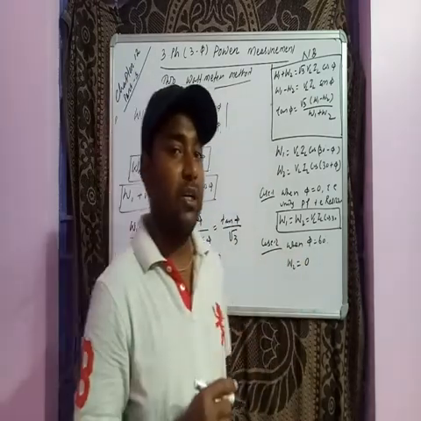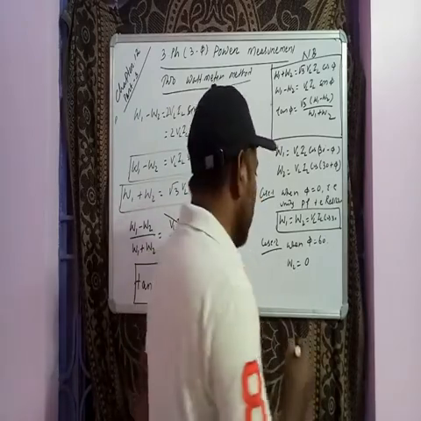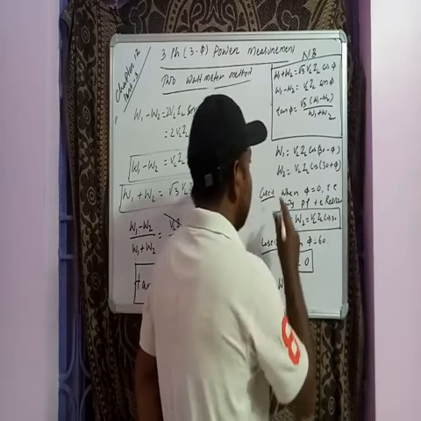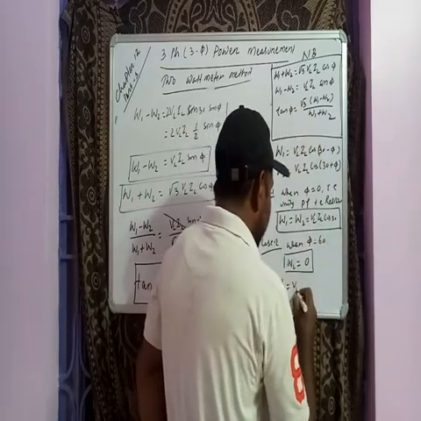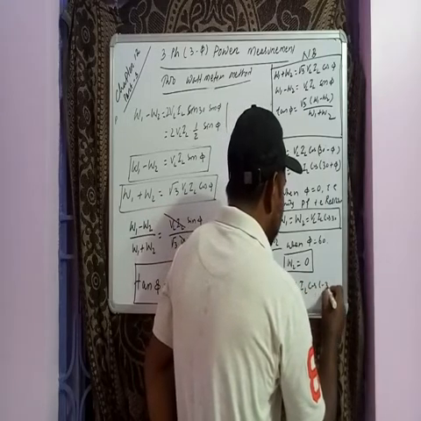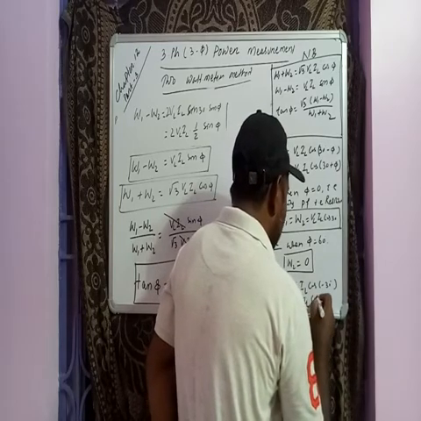That means the second wattmeter will show no reading. W1 is nothing but VL IL cos of minus 30 degree, or the same VL IL cos 30.